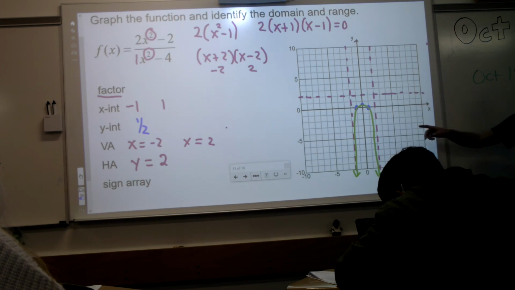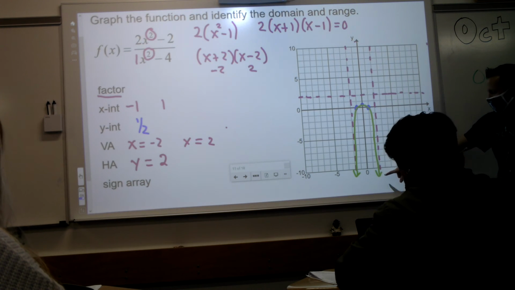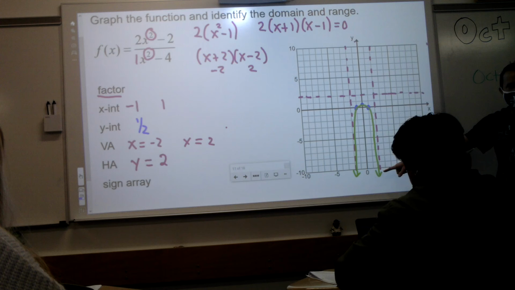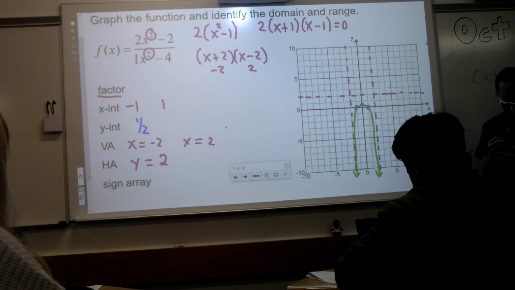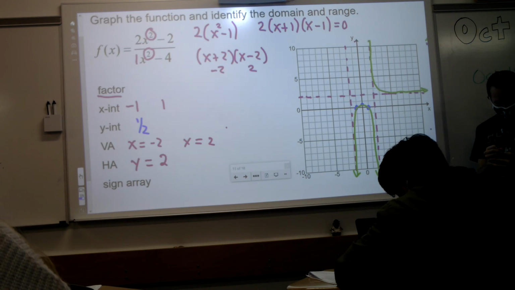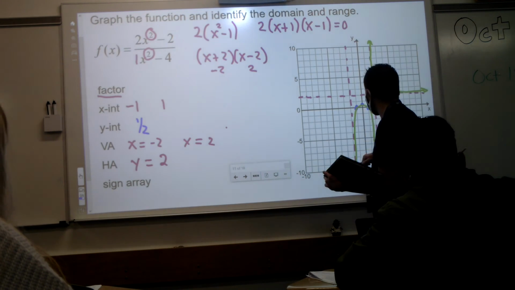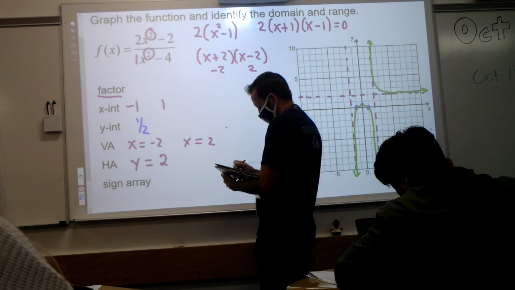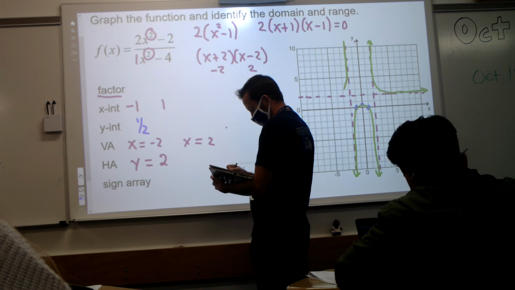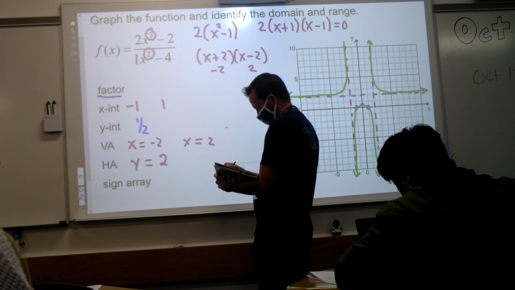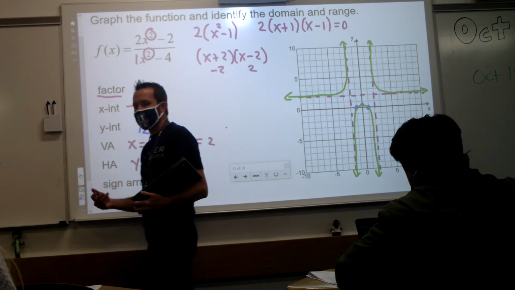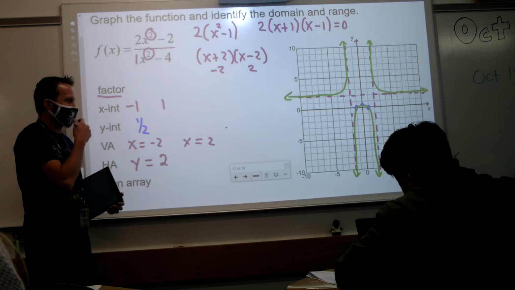Okay, now if the graph is going down on this side of the vertical asymptote, what's happening on the other side? It's going up, so I'm going to start it up at infinity. Same with the other side. See how it's coming down? That means on the other side, we're going to be up at positive infinity. So now this one I was able to do without doing a sign array.